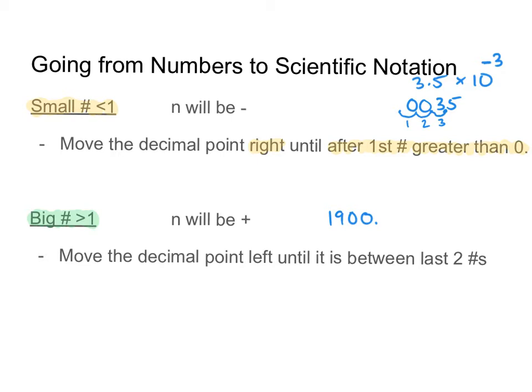The rules state that we move the decimal left until it is between the last 2 digits. 1 and 9 were the last 2 numbers, and the decimal has to go between them. So I now have 1.9.